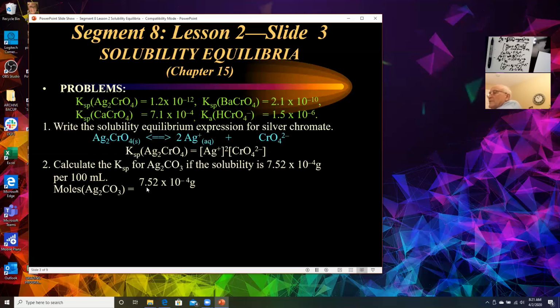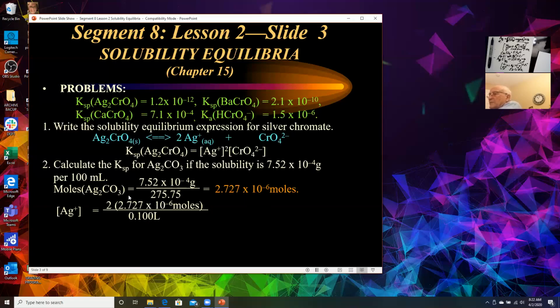So if I took 7.52 times 10 to the negative 4th grams and divided it by 275.75, that is the molecular weight of silver chromate, then that's the number of moles I would have. And the concentration of silver ion then would be twice that many moles, because for every 1 mole of this, 2 of these form, and then divided by the volume, which is 100 milliliters.